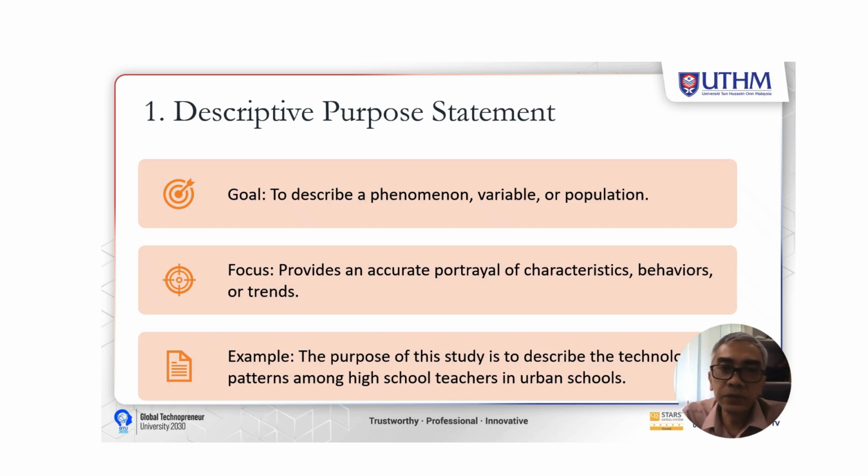A descriptive study answers what is happening. It focuses on describing characteristic or trend. So, for example, the purpose of this study is to describe the technology pattern among high school teachers in urban schools.